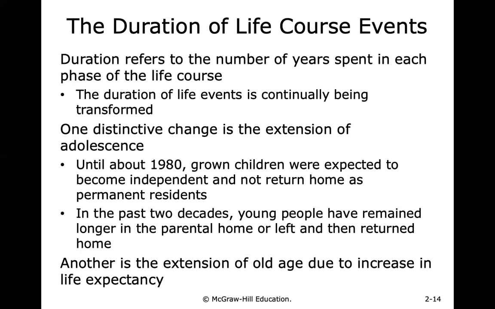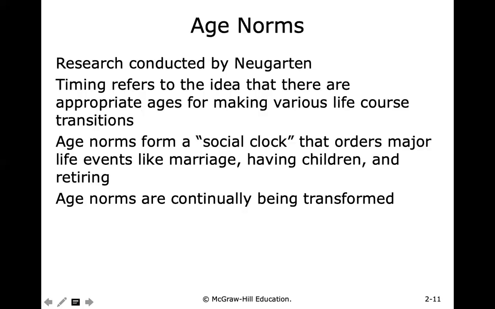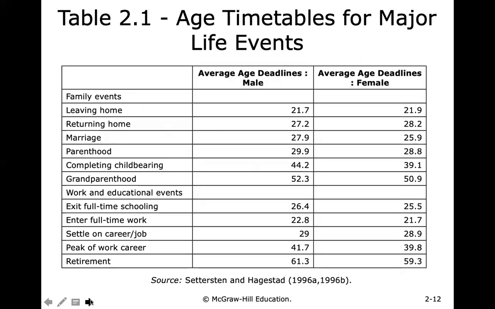So within the past 2 decades, we're starting to see where younger people are starting to live longer in the parental home. And then if they do leave, they tend to return home. So as you recall in this lovely little chart on 1996, right here, where we're discussing the individuals who are leaving home and then returning home.